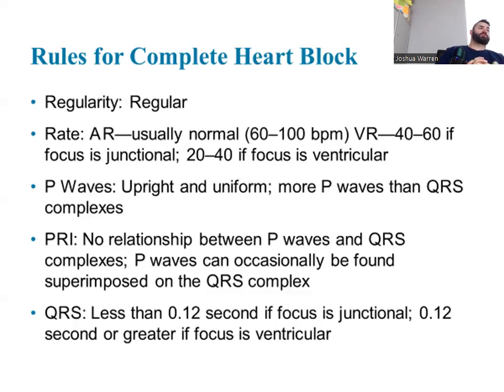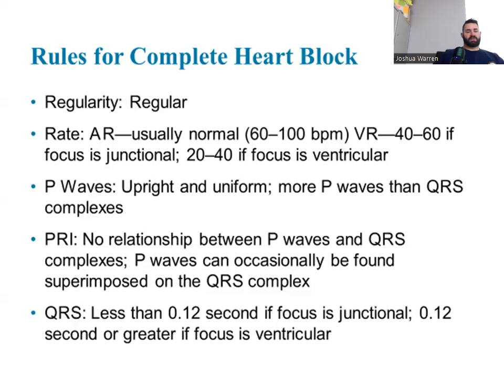If it's from the ventricles, it'll be big, wide, and juicy. That's how you tell the difference, whether the foci comes from the atria, junction, or the ventricles. P waves are usually pretty and upright. There's going to be a lot more of them than QRS complexes. The PR interval is going to be intermittent. It's not going to be something you can actually put your hand on.